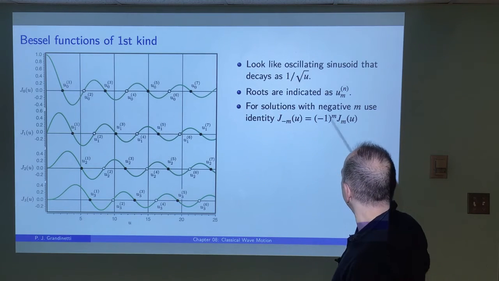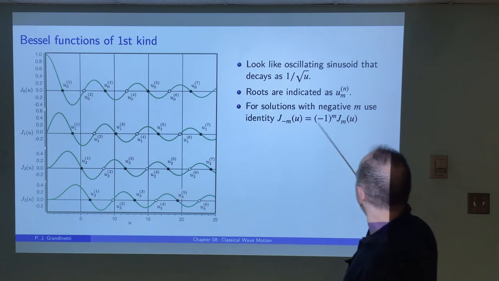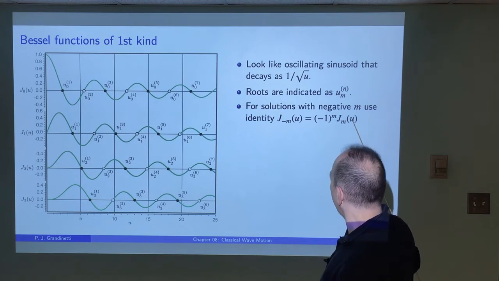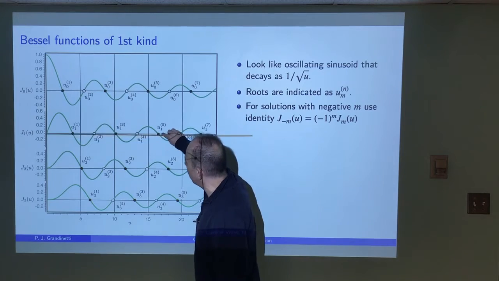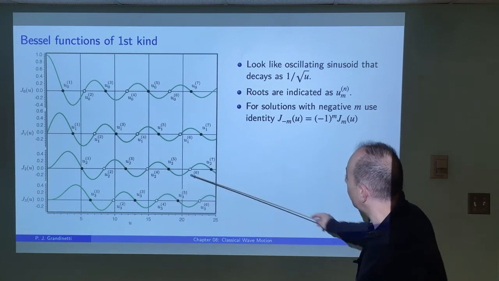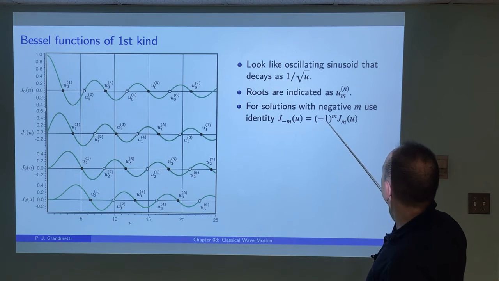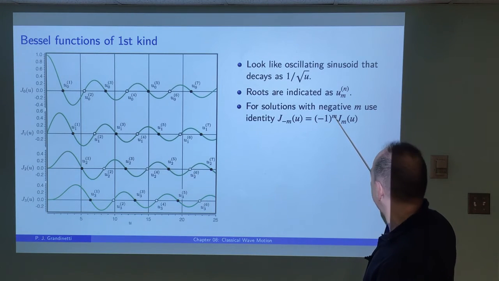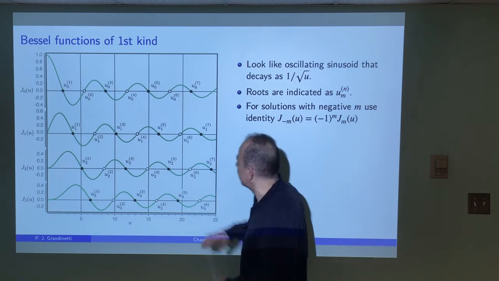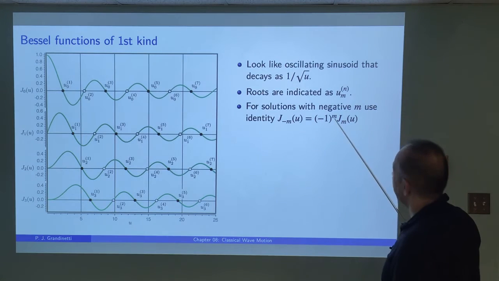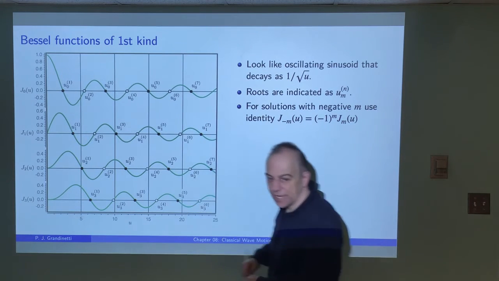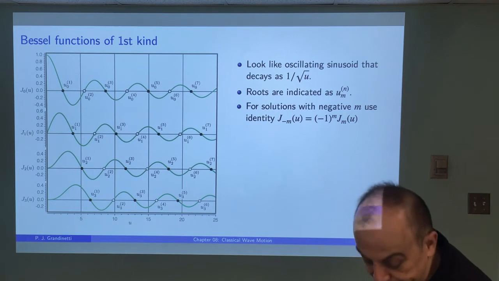For m equals 1 and minus 1, minus 1 to the 1 power stays as minus 1, so the whole function J1 just flips upside down to give J minus 1. For J2, minus 1 to the second power makes this just 1, so J2 and J minus 2 look exactly the same. But for J3, minus 1 to the third power makes this minus 1, so J3 flips upside down when you go to J minus 3.